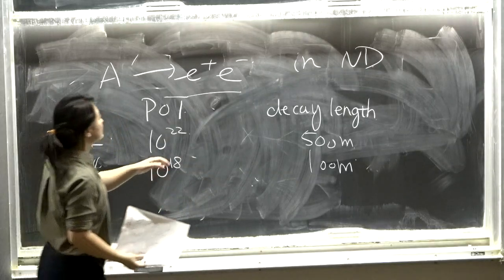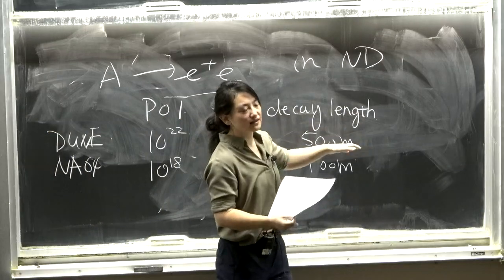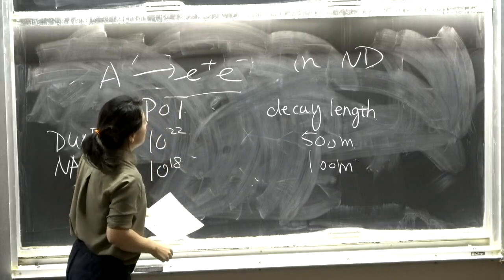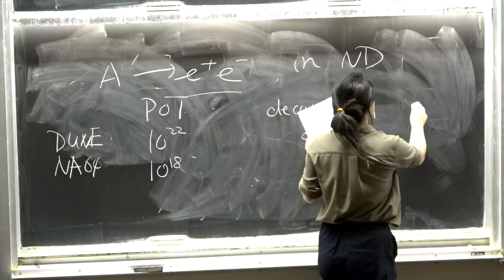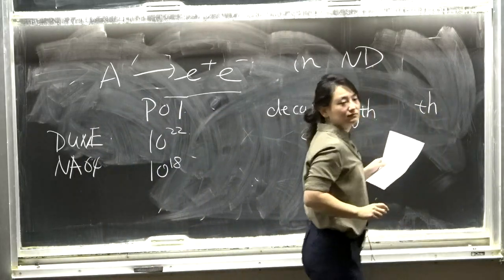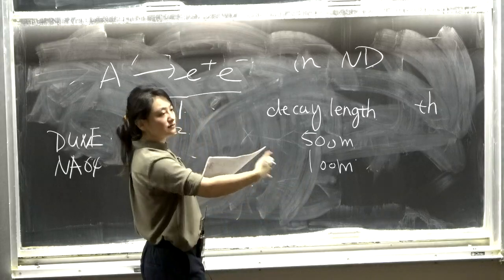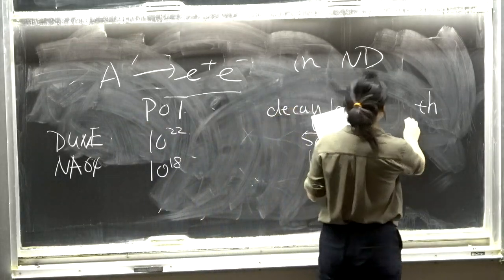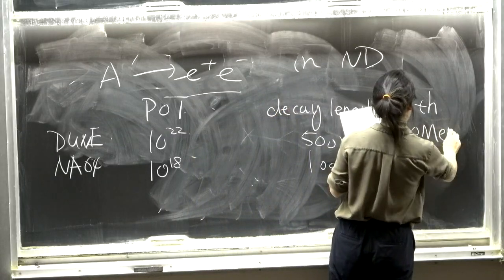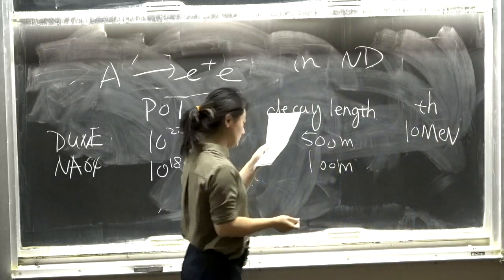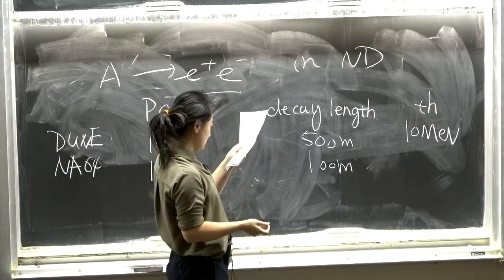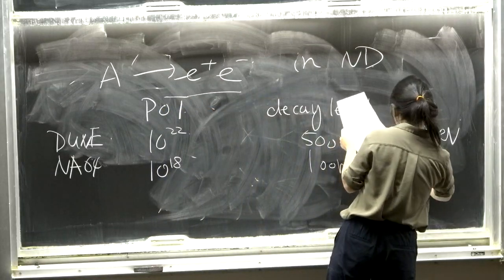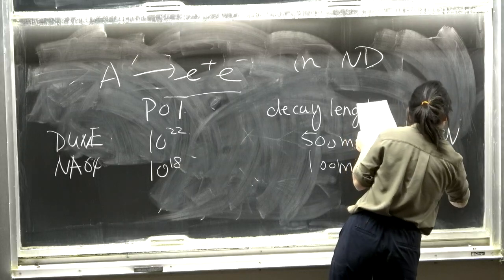So the idea is that they have different decay lengths, so that each probes a slightly different part of the parameter space. Something else that's important is the experimental threshold, because obviously the lower the threshold, the better it is to identify signal. DUNE has something like 10 MeV, and I think NA64 has something like tens of GeV.